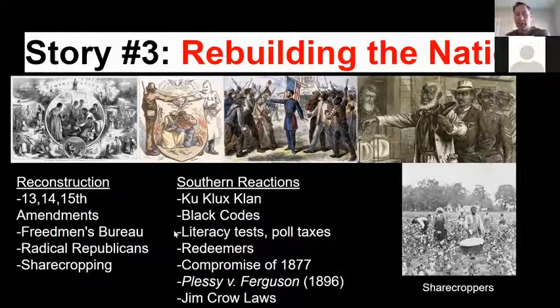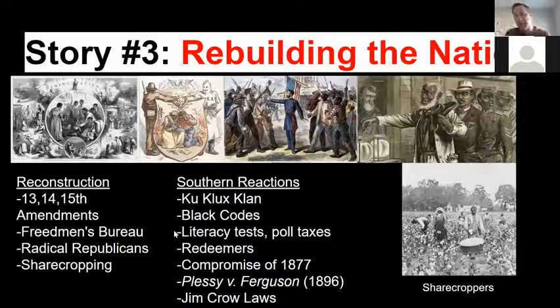Some of the failures are, number one, Reconstruction really never addresses the economic needs of former slaves. So essentially slavery is replaced with something called sharecropping, where African Americans become tenant farmers for their former plantation owners in some cases, because they don't have a lot of education, because they don't have savings, and the federal government doesn't provide those things for them.